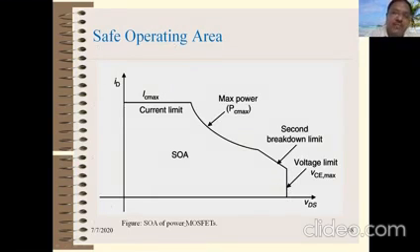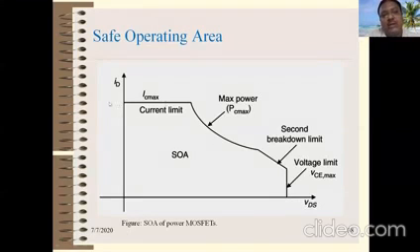Every manufacturer gives this graph with these values in their data sheets. If you download the data sheet of any power MOSFET, you will find the values of ID max, P max, secondary breakdown voltage, or maximum voltage limits.